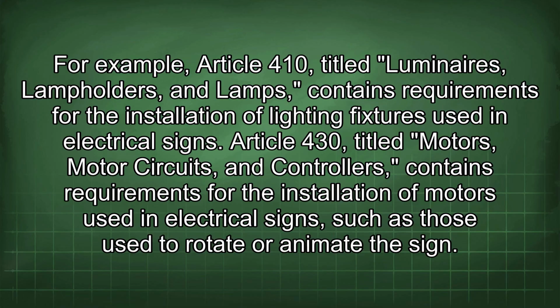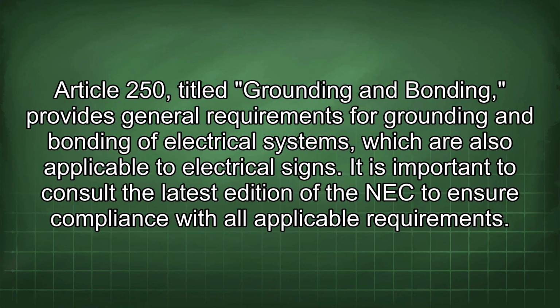Article 430, titled Motors, Motor Circuits, and Controllers, contains requirements for the installation of motors used in electrical signs, such as those used to rotate or animate the sign. Article 250, titled Grounding and Bonding, provides general requirements for grounding and bonding of electrical systems, which are also applicable to electrical signs.